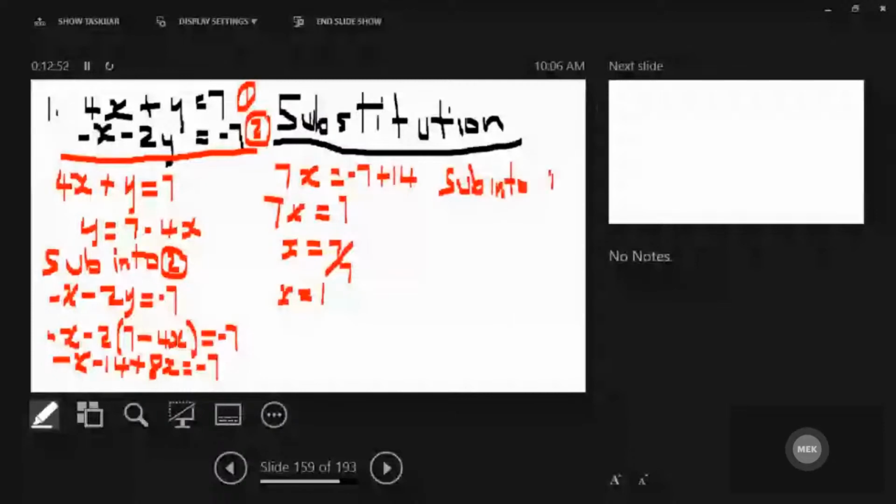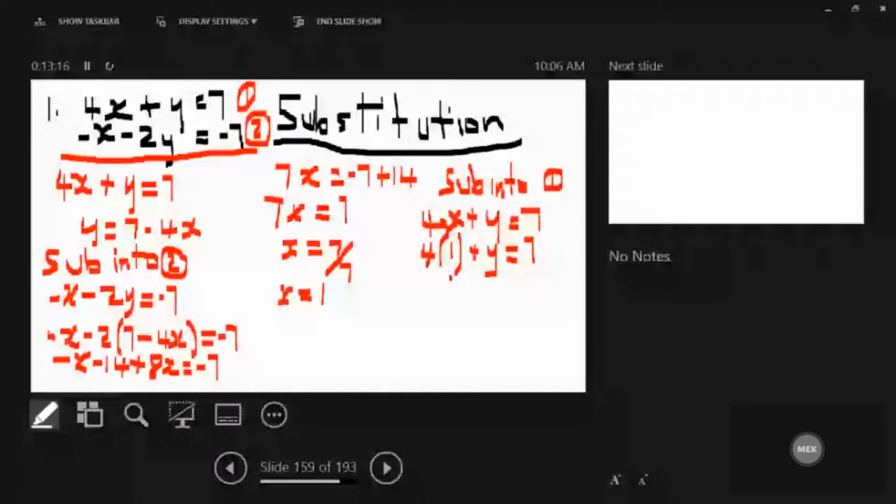And equation 1 says 4x plus y is equal to 7. So if x is 1, then that means 4 times 1 plus y is 7. 4 1's are 4. So 4 plus y is 7.